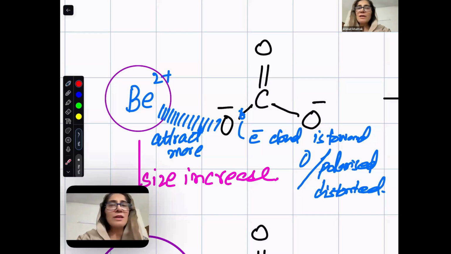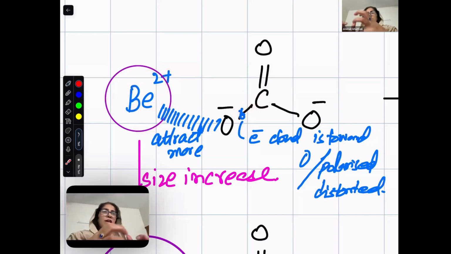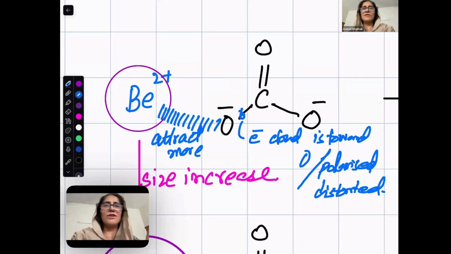When the electron cloud is distorted, it's kind of a stretched bond, stretched. There's tension inside it. This tension is caused by this beryllium because it is attracting electrons. If beryllium is attracting electrons of oxygen, oxygen will take electrons from the carbon. The whole drift is toward the beryllium. This bond will break more readily because it's already in a tense situation.